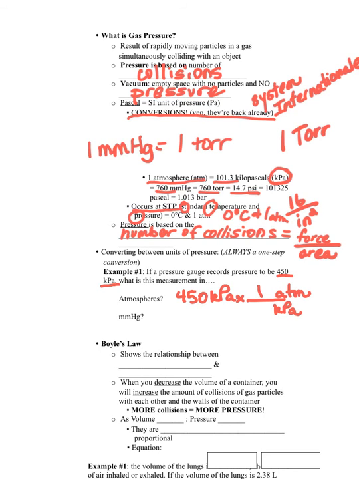We know 1 atmosphere is equivalent to 101.3 kPa. We get out our handy dandy calculator and we take 450, and because the 101.3 is on the bottom, we're going to divide by it, and our answer is going to be 4.44 atmospheres.